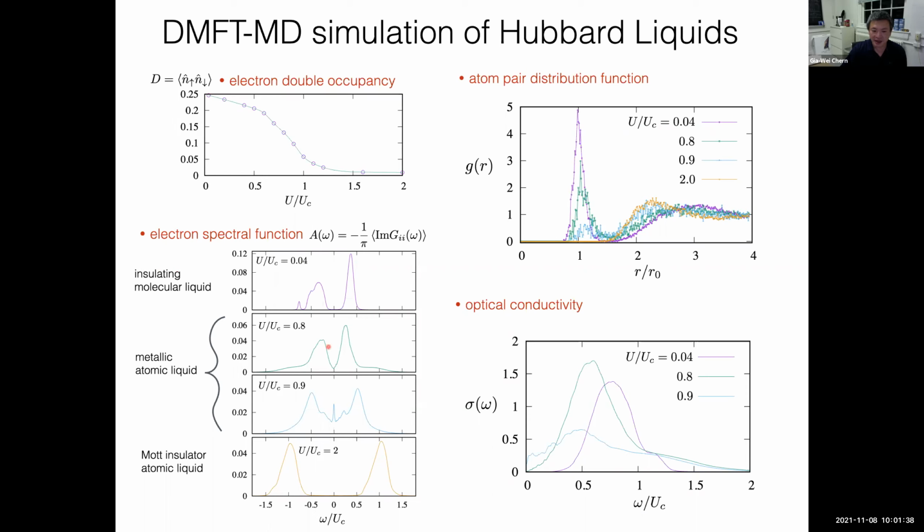In particular, with DMFT MD, we can see that there's this quasi-particle peak appearing when you approach the critical point, and then in the Mott phase, the quasi-particle peak disappears, and then you have these two Hubbard bands. And these Hubbard bands are incoherent electron excitations, which is beyond both Gutzwiller and the DFT calculations.